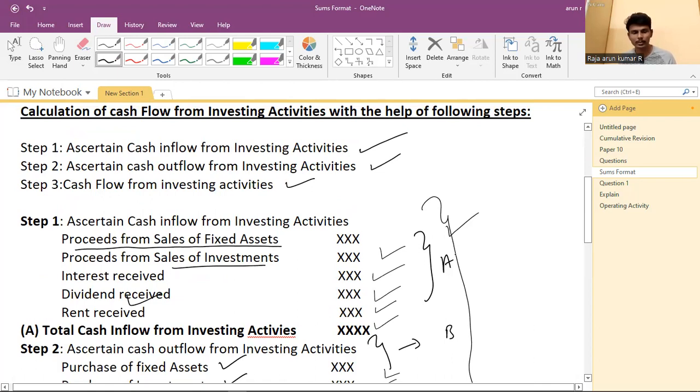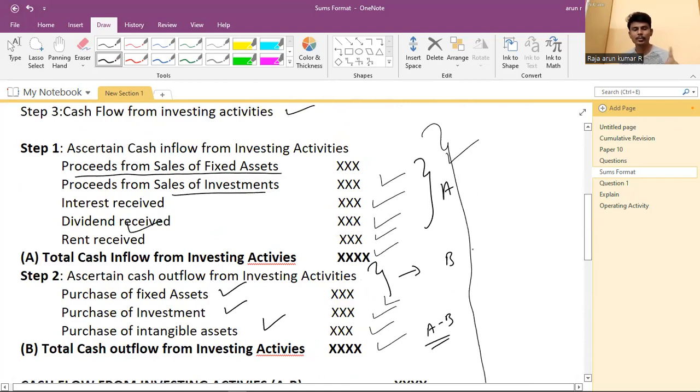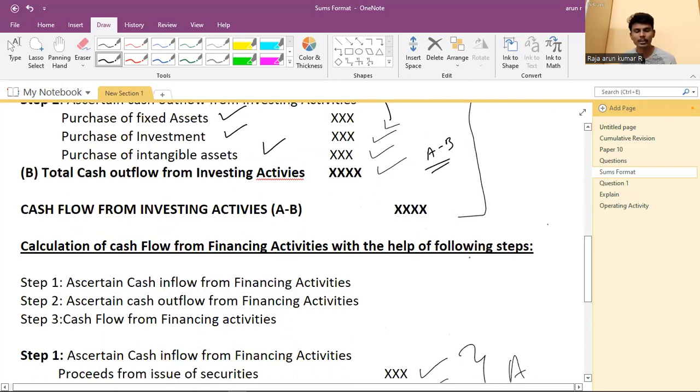In step 1, consider sale of fixed asset, sale of investment, interest received, dividend received, rent received. In step 2, purchase of fixed assets, purchase of investment, purchase of intangible assets. Step 1 minus step 2 is equal to cash flow from investing activities.